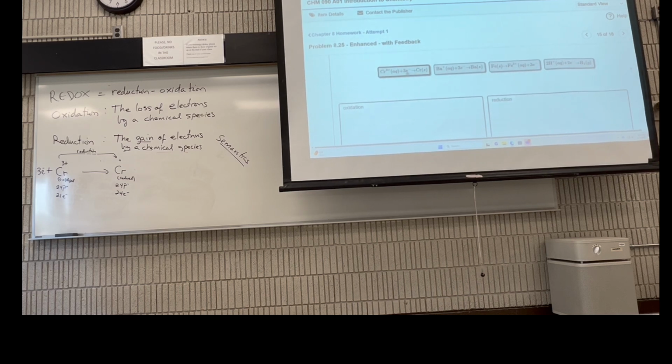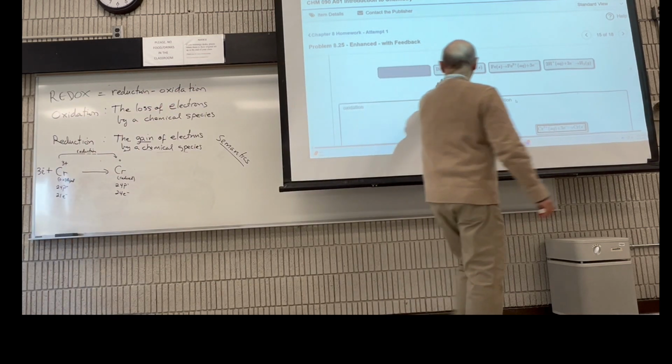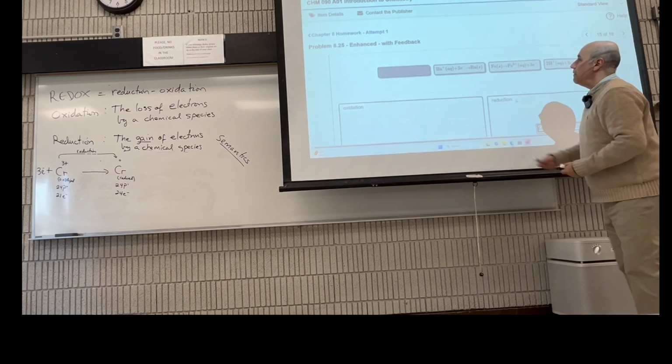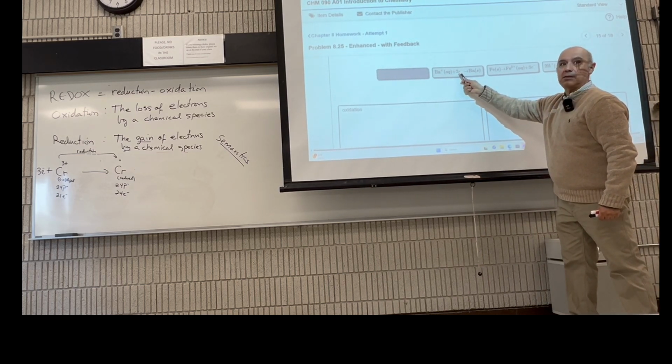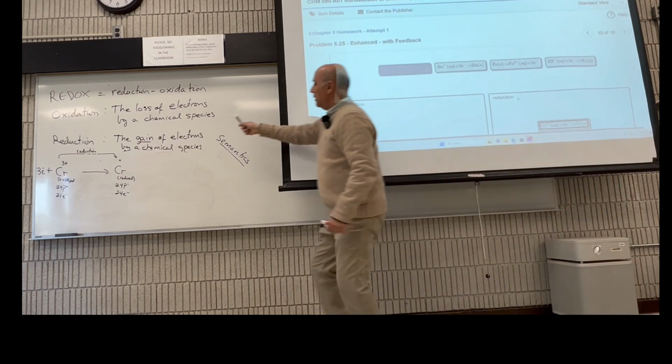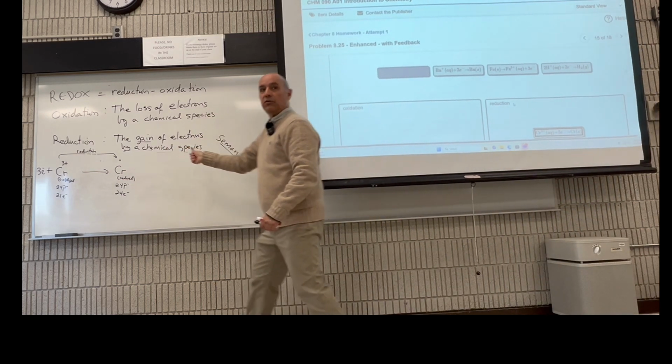So what is this describing? This is describing a reduction. So we're going to drag that first one to reduction. Let's take a look at the second one. I don't need to write it down. Barium is gaining electrons, right? The gain of electrons is a reduction.